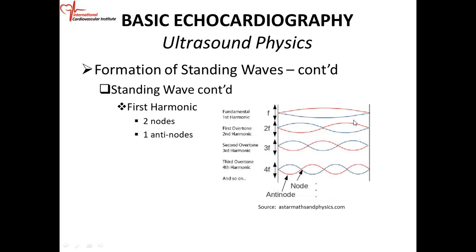So the number of antinodes gives you the number of the harmonic. The first harmonic has one antinode, the second harmonic has two antinodes, the third harmonic has three antinodes, and so forth.